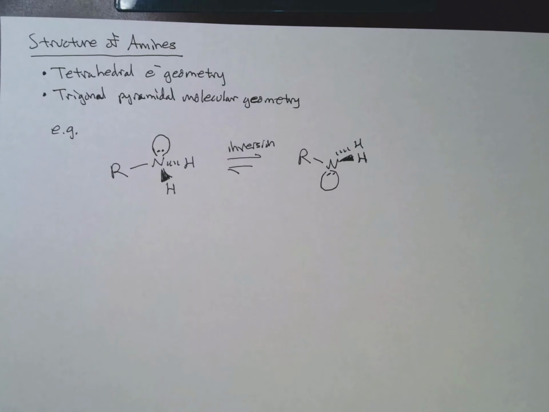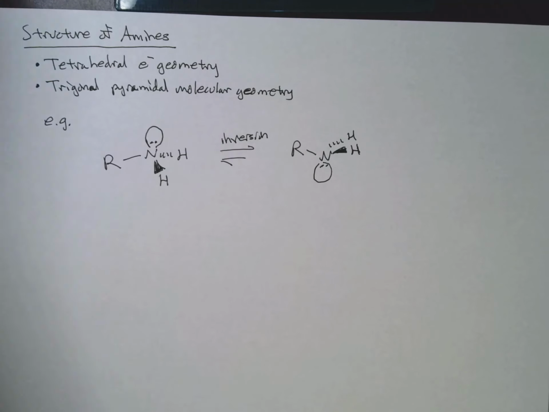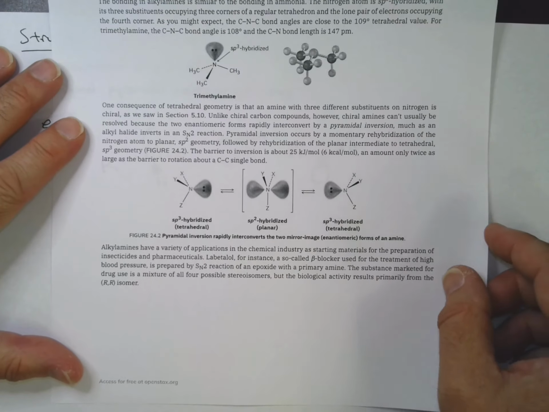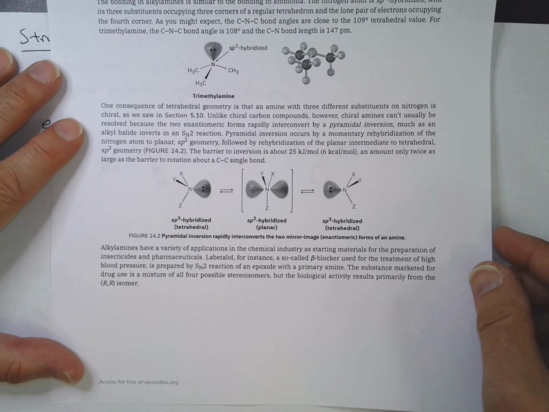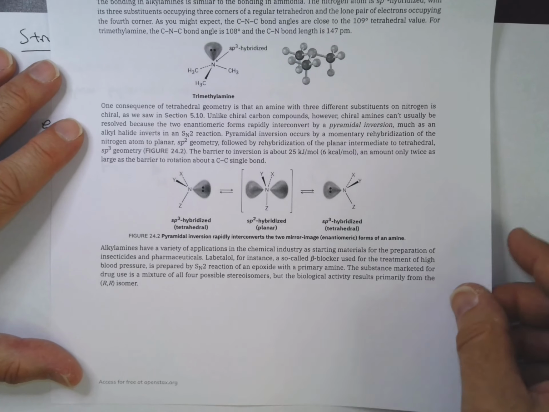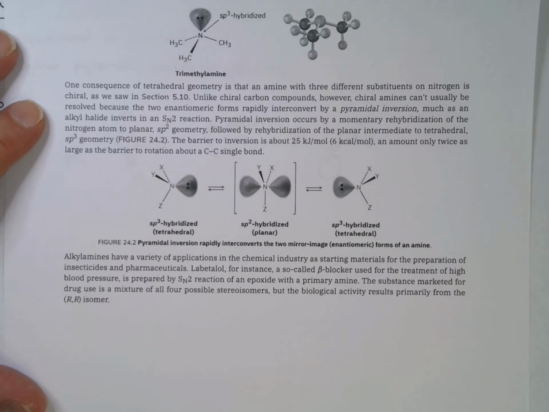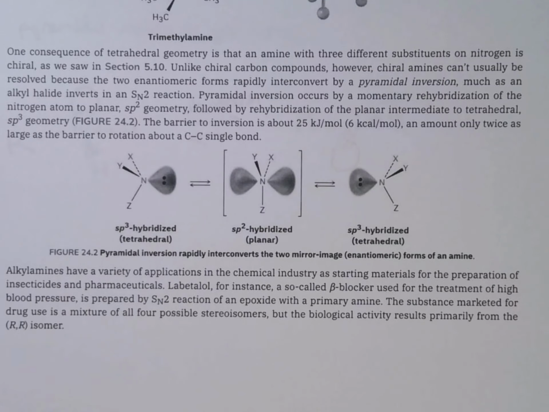And it may be a little bit hard to see this, so I did print out a copy of a page from the text. If you want to see this in color, you can go ahead and check that out, page 866. And just to zoom in, let me zoom in a little here.